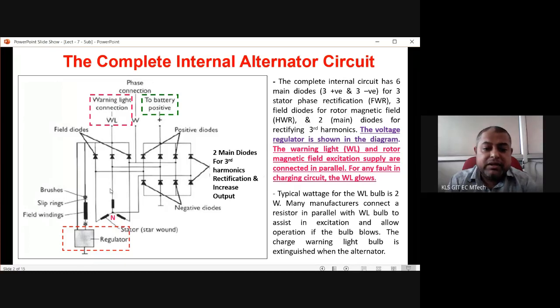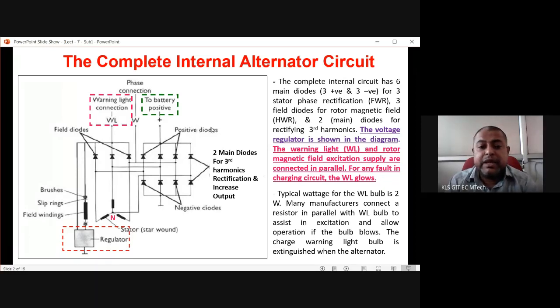Now one thing very important: this neutral should generally be at zero potential, but for a three-phase stator we find that this neutral point is also generating some kind of harmonics. That is actually the third harmonic. If the stator is producing 50 hertz frequency, then the frequency we find at this neutral point will be 150 hertz, and that also we are rectifying by this fourth bridge arm.